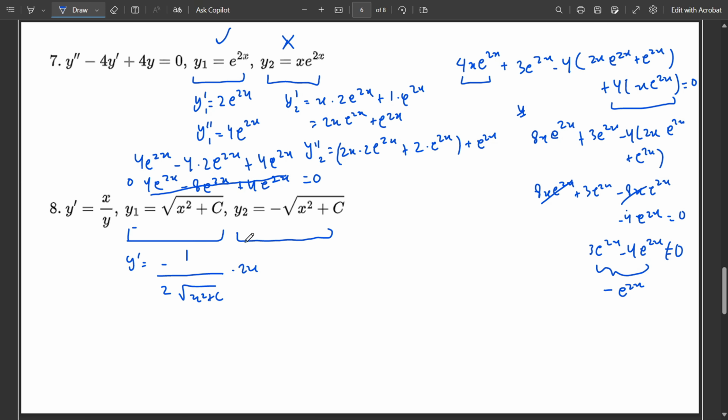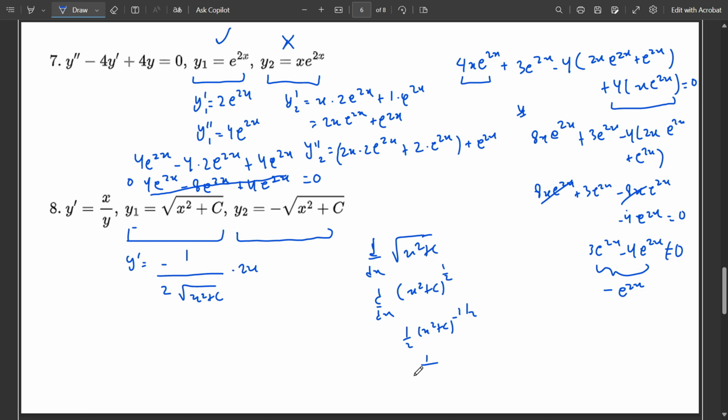The derivative with respect to x of the square root of x squared plus c is x squared plus c to the power 1 over 2, and taking the derivative, this will become 1 over 2 times x squared plus c to the negative 1 over 2.